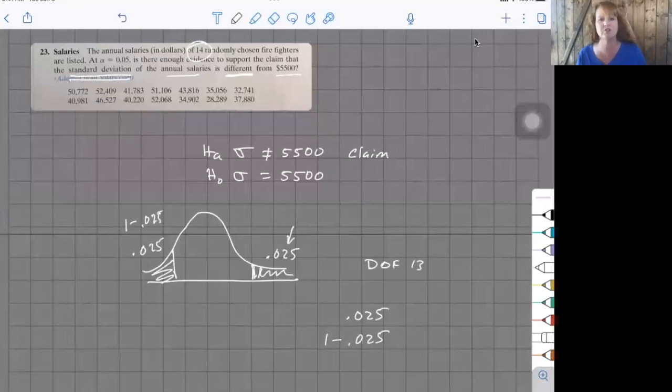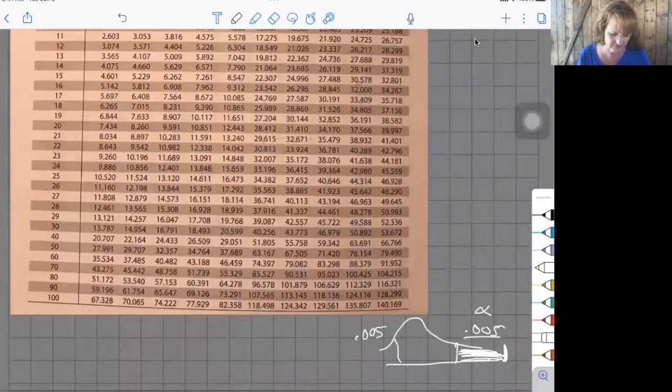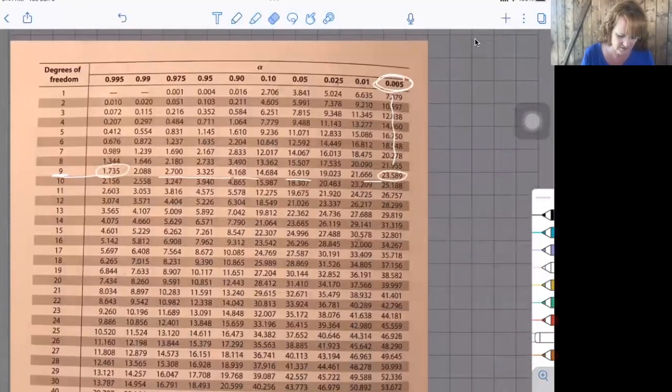But if you get confused, you just put the smaller one on the left, the bigger one on the right. So let's look those up. If alpha is 0.025 and my degrees of freedom are 13, this is going to be 24. Let's call that 24.74.